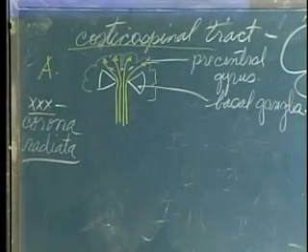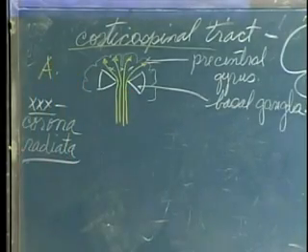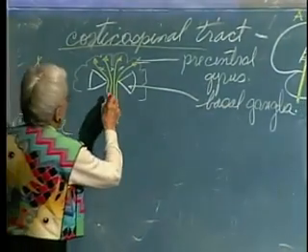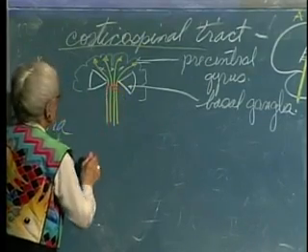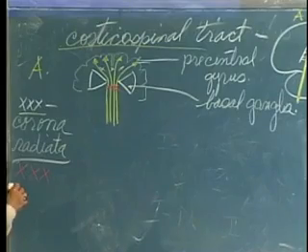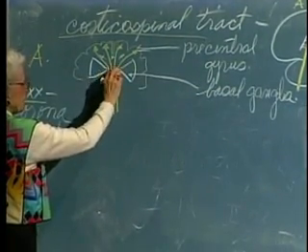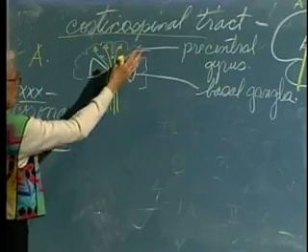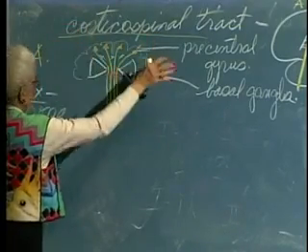And then we come down to the area here. This will represent part of the internal capsule, as these fibers are condensed here. Fibers going to and from the cortex are all condensed, and here I'm only giving you one set of fibers.